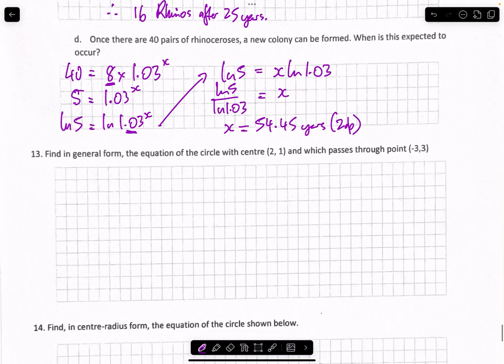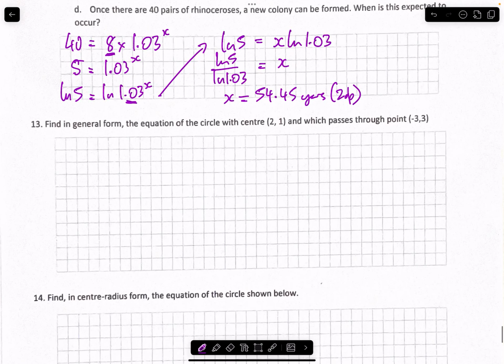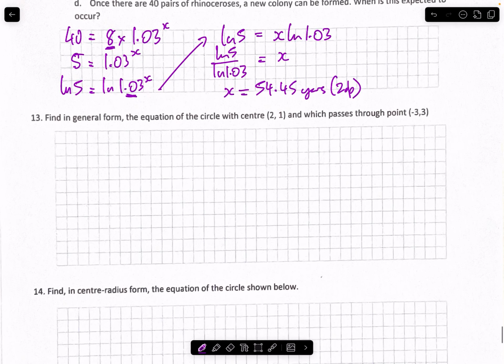Find in general form the equation of the circle with center (2, 1) which passes through the point (-3, 3). You need to find the radius, which is the distance between center and point.